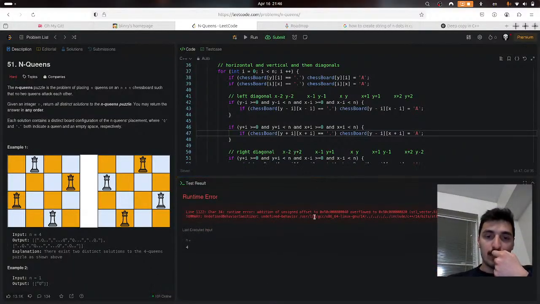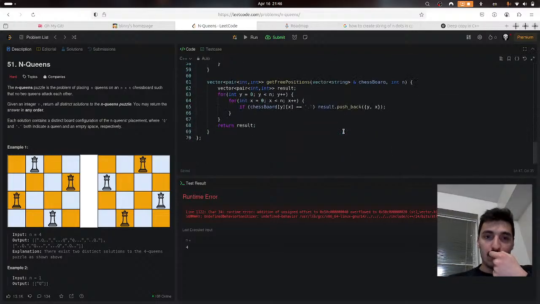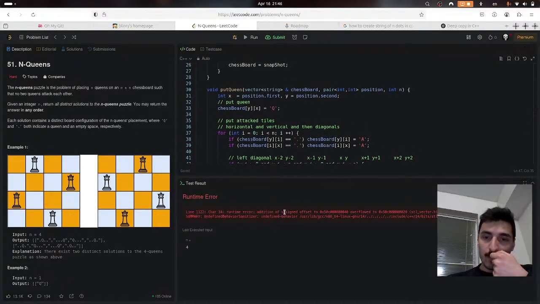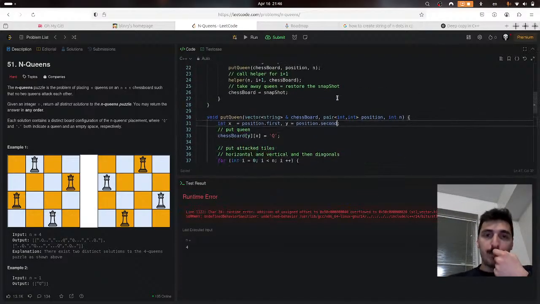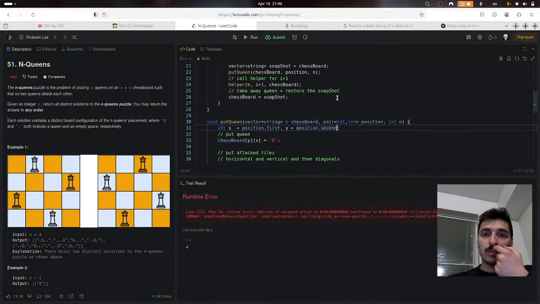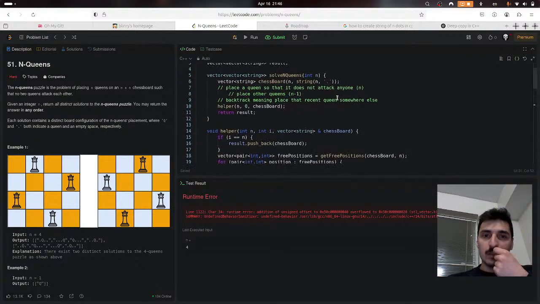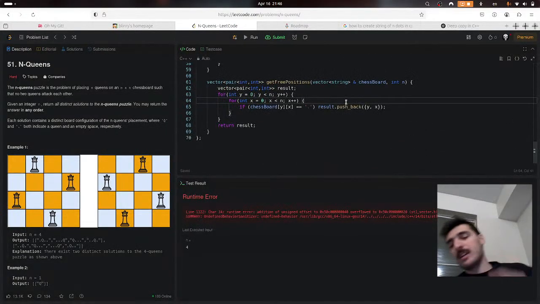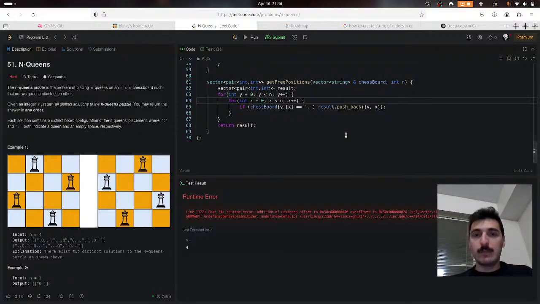Another runtime error. Same. Addition of unsigned, the bounds are not right. All right, I'm too tired for this.